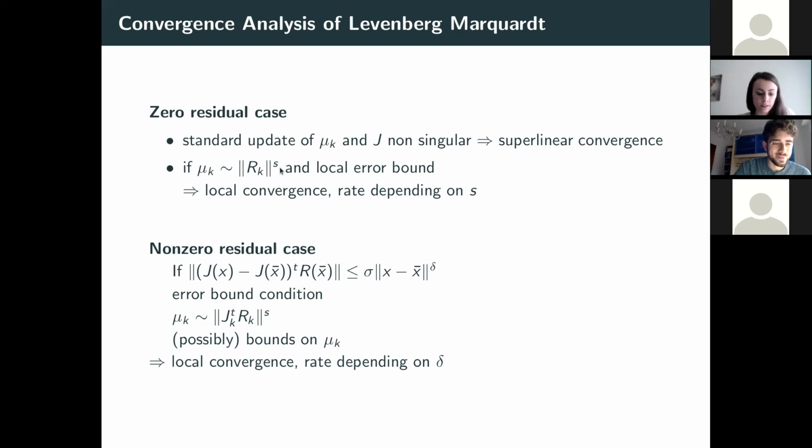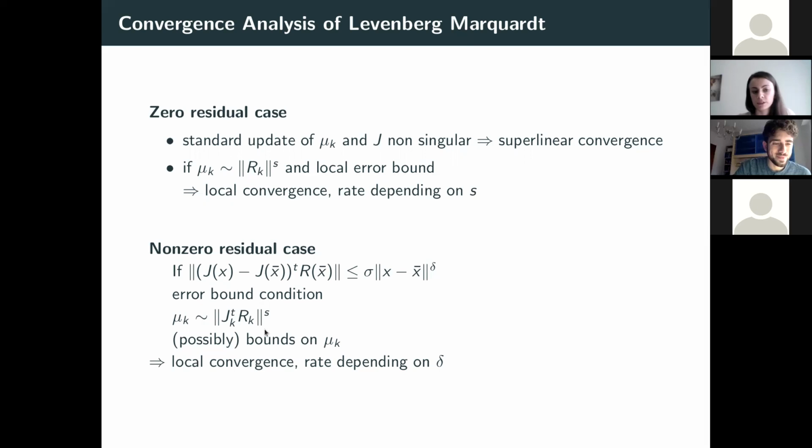In the case where the residual at the solution is non-zero, well, first of all, we need this assumption here that we said we use to replace the zero residual assumption. And then we can take the error bound condition. And then the standard choice is to take μk that depends on the gradient.